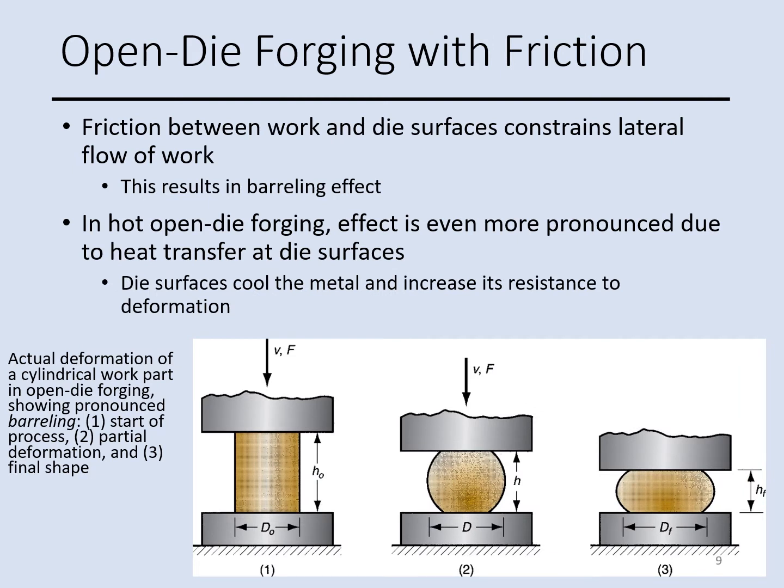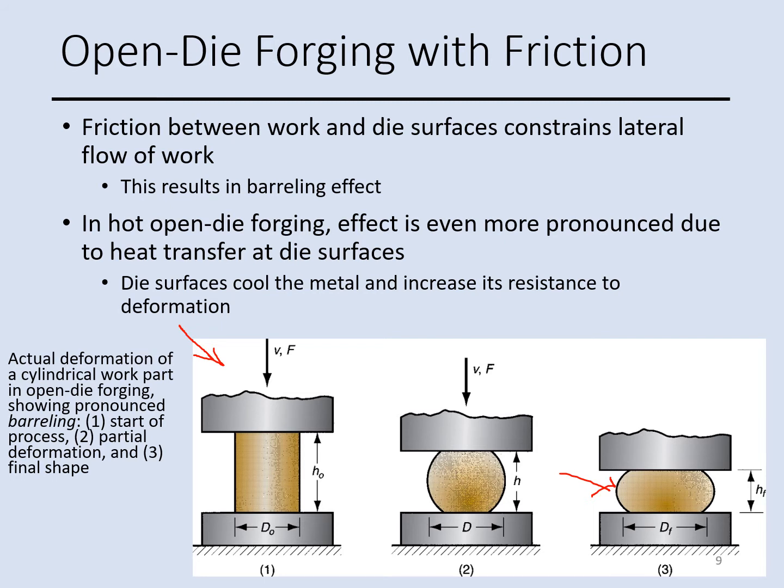In the open die forging operation, we may have friction, and that friction can affect the shape of the final part. Here in this schematic, as you see, the different steps of a process when we have friction, and the result is different from the previous one. We have a barreling effect.